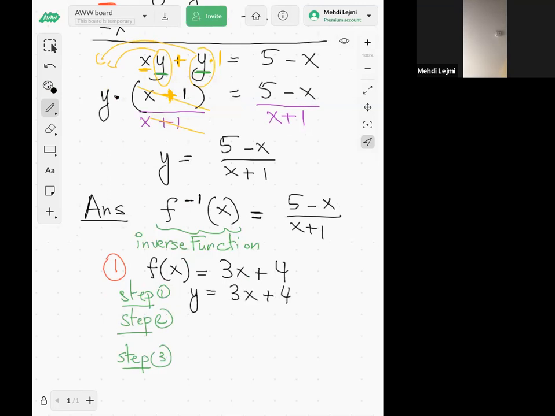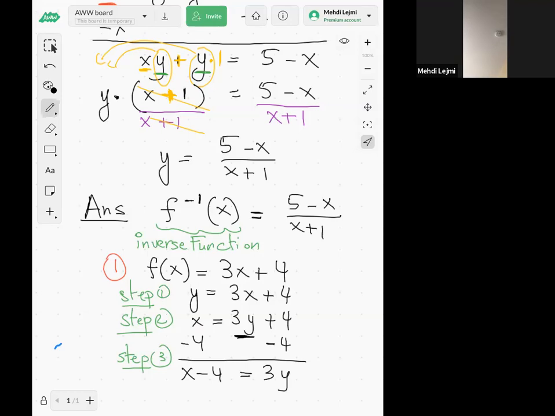Step 2, you interchange x and y: y becomes x, and x becomes y. And then you have to solve for y. Here you only have 3y on the right side, so you can just subtract 4 from both sides. That will be x minus 4 equals 3y.